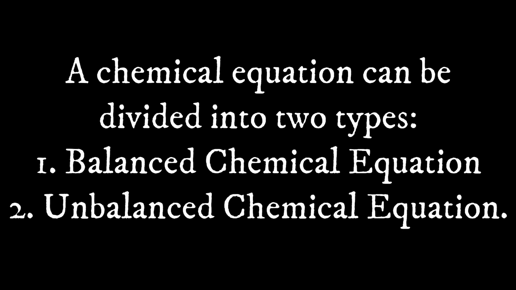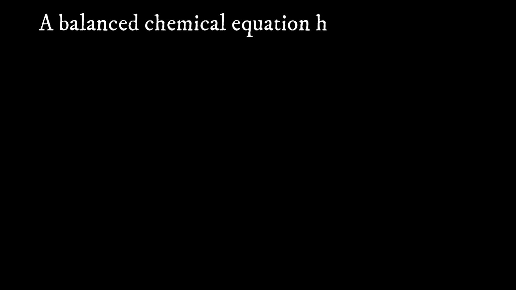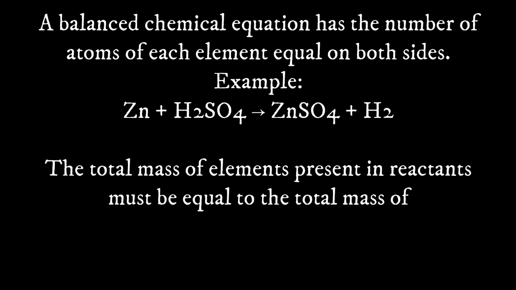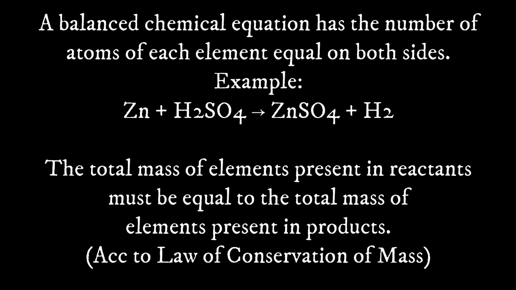Now a chemical equation can be balanced or unbalanced. A balanced chemical equation has the number of atoms of each element equal on both sides. For example, zinc reacts with sulfuric acid to produce zinc sulfate and hydrogen gas is evolved. The numbers of zinc, hydrogen and sulfate are equal on both sides, so it is a balanced chemical equation.